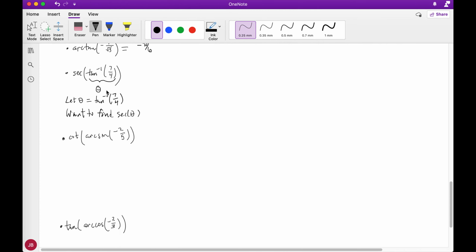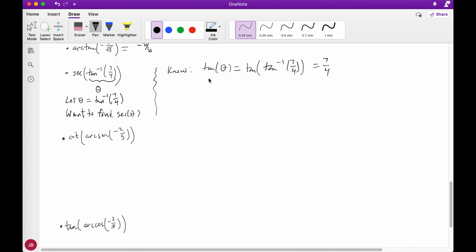So if theta is equal to the arctangent of 7 over 4, then I know that the tangent of theta, which is the tangent of the arctan of 7 over 4, has to equal 7 over 4, because the order is correct. It's tangent of arctangent, and that always cancels to give you just the inside.